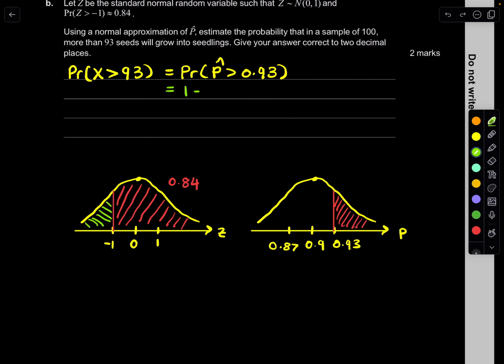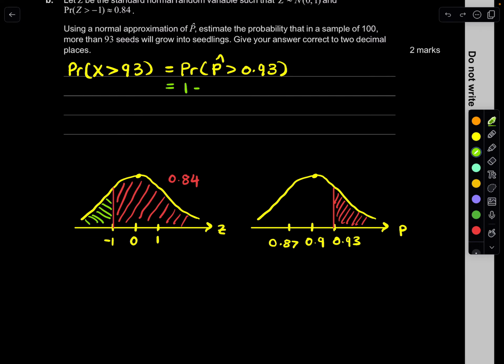So 1 minus 0.84 will leave us with the green one here, which is 0.16 to 2 decimal places. Is that right? That looks good. So I'll just highlight that.